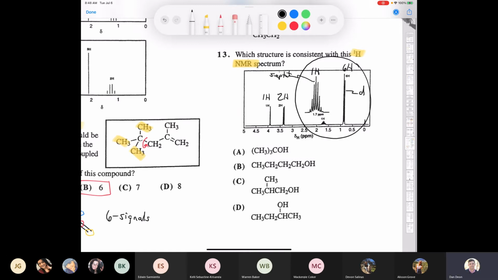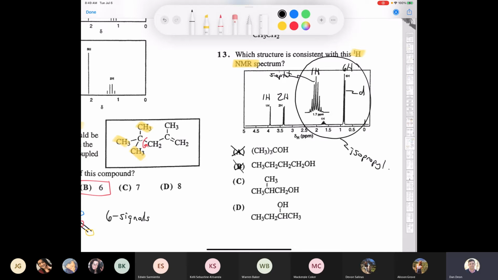Does anybody remember what kind? Yes, absolutely. It's an isopropyl, isn't it? So this is an isopropyl group. You can see that A has a tert-butyl group, so that's not it. In B, we just have a big old butyl group here, so that can't be it. In C, we have an isopropyl group, don't we?